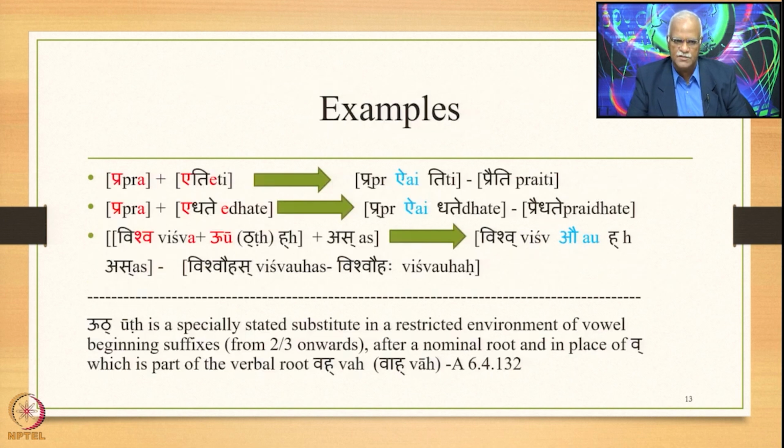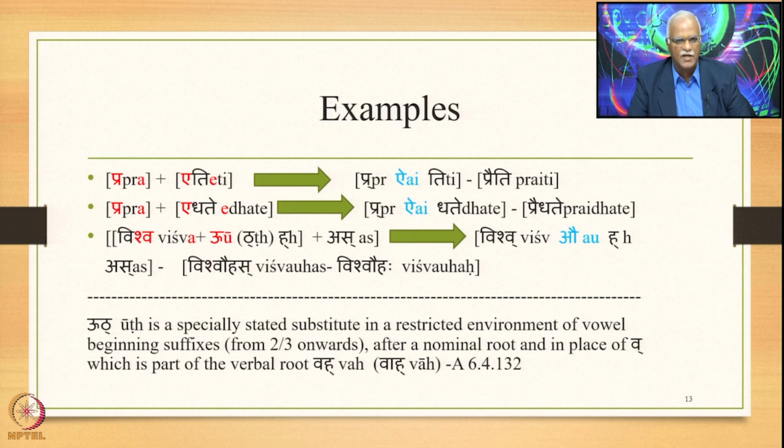Here are the examples. So we have pra as the preverb followed by eti, and so then 6.189 applies, and the output generated is pra iti, praiti.